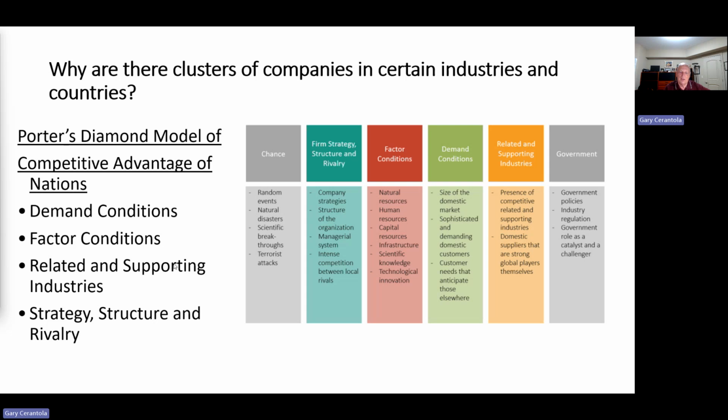Well, in Germany, there's a lot of related and supporting industries that are precision parts and precision functionings for different types of manufacturing goods. So that would be a great place if your motor was a high functioning, technically superior type of motor that you wanted to create. And then the strategy and the structure and the rivalry, what's going on.